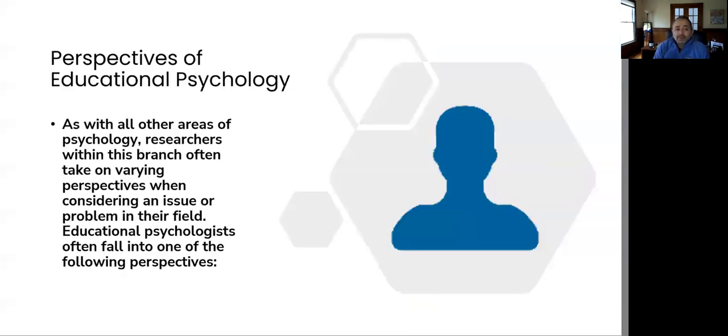So, perspectives of educational psychology. As with all other areas of psychology, researchers within the branch often take varying perspectives when considering an issue or a problem in their field. Educational psychologists often fall into one of the 3 following perspectives.